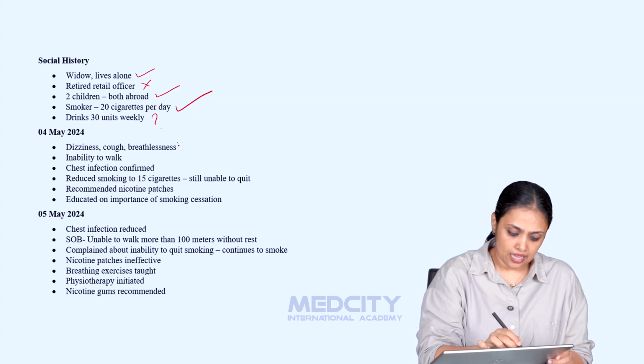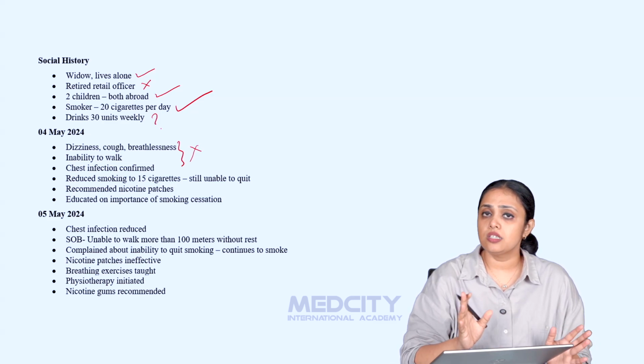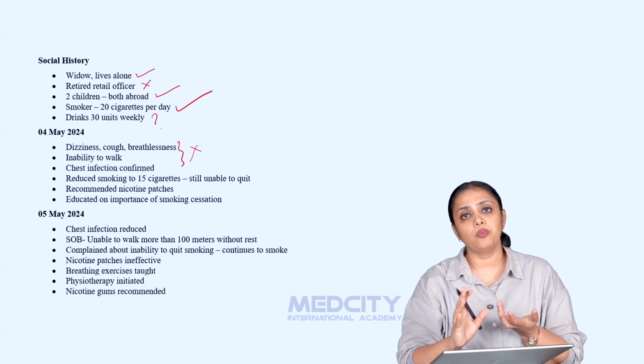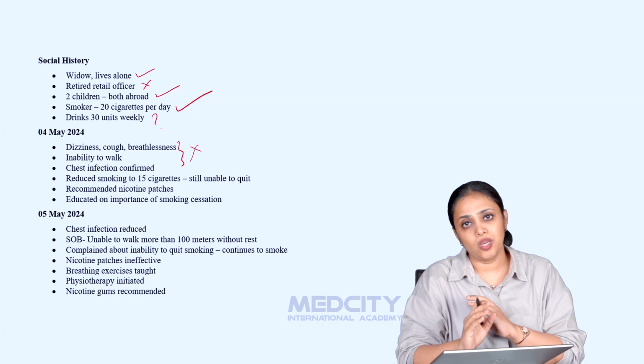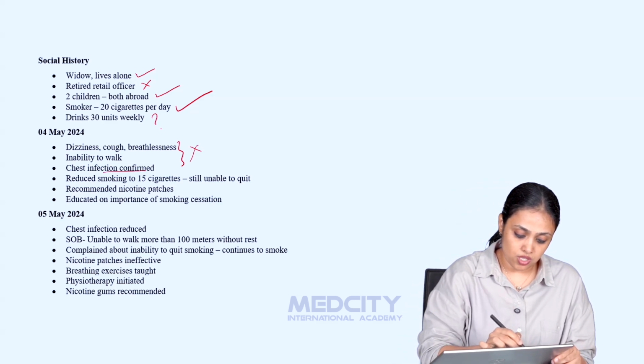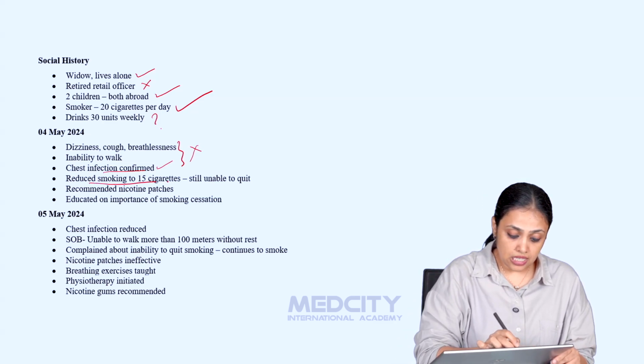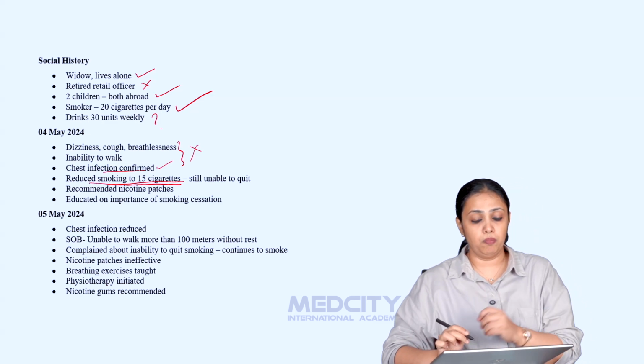So you can actually avoid them. Maybe we can say it in a very simplified way by saying that the patient presented with breathing related issues or breathing difficulties and chest infection was confirmed. That is enough. Then reduced smoking to 15 cigarettes. So that is an important point.